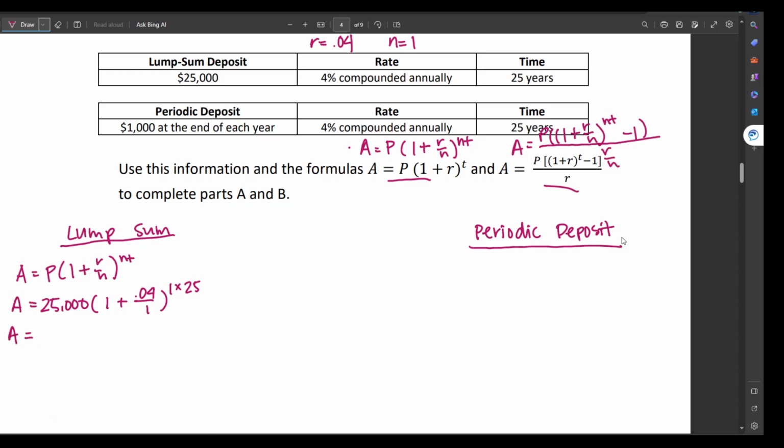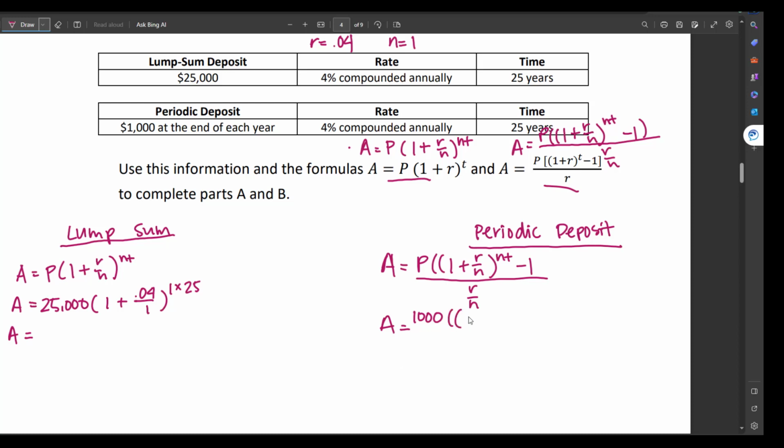Okay. Let me write out our periodic deposit. Our periodic deposit, A equals P, and then we have 1 plus R over N to the NT minus 1 all over R over N. So A equals, we are depositing $1,000 every year for 25 years, which 1,000 times 25 does equal 25,000.